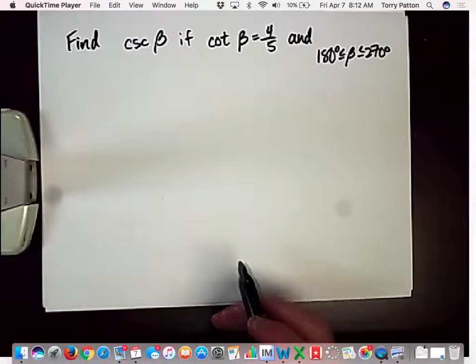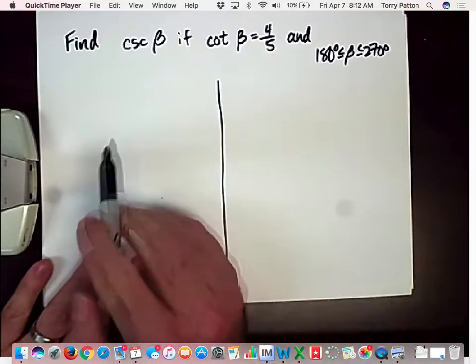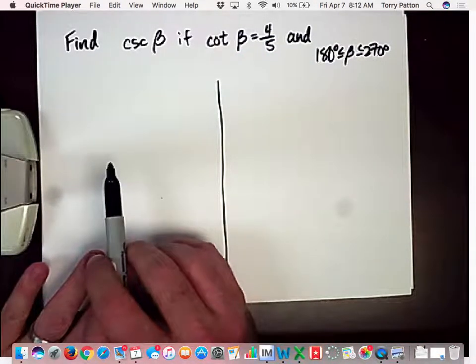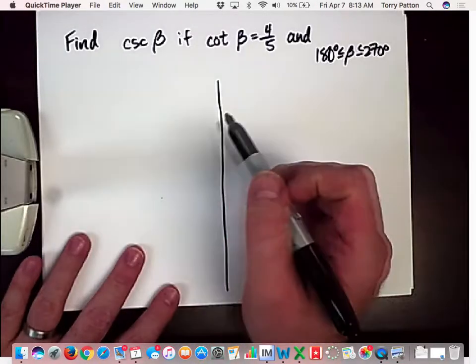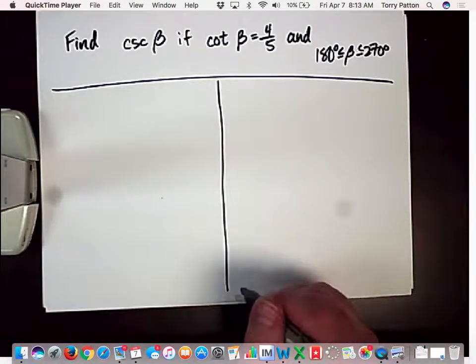Okay, now there are two ways to do this problem. One is what you learned last chapter, and one is using the new identities.